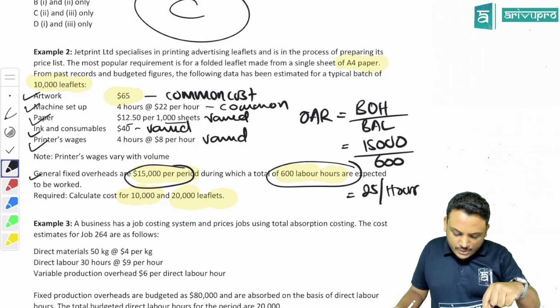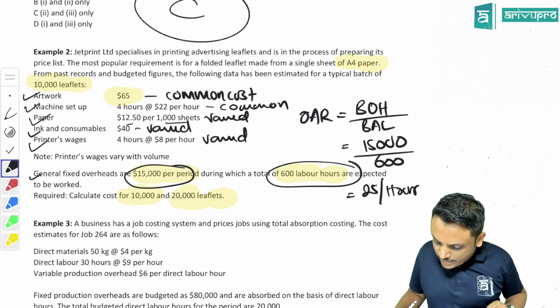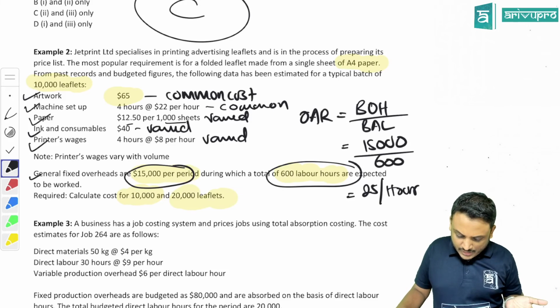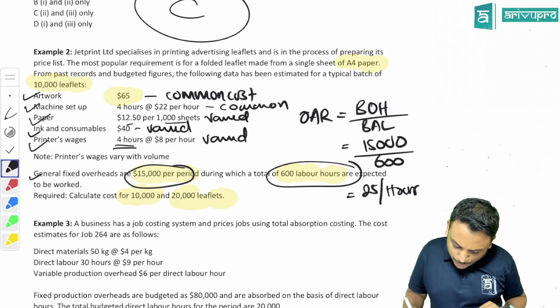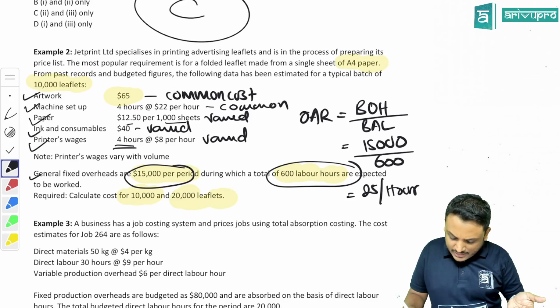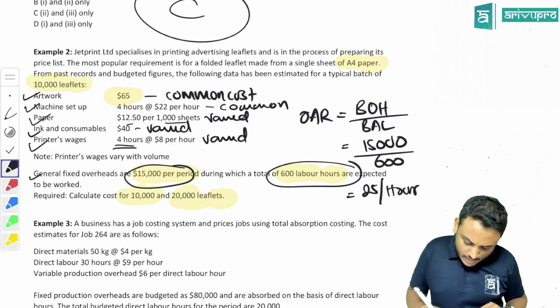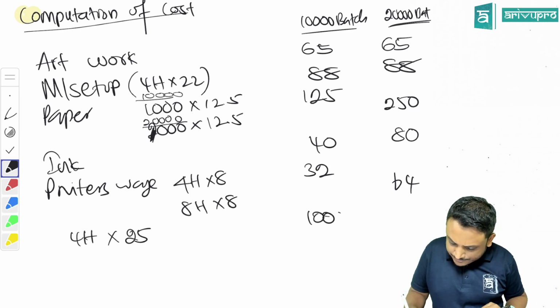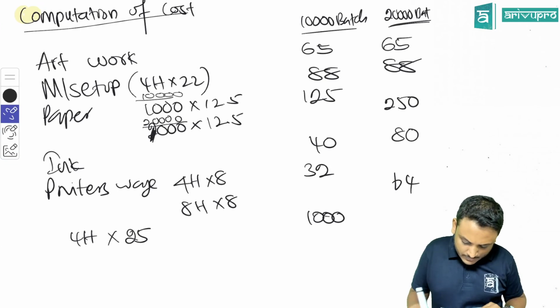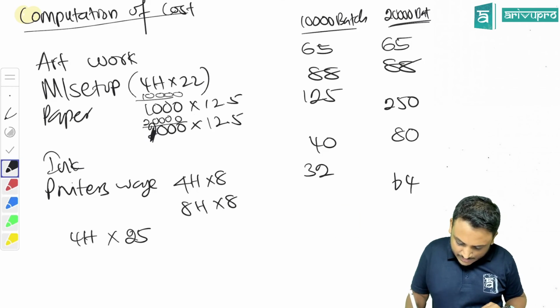How many hours we used? 4 hours. Right, you can take machine hours or else you can take labor hours, printer's wages. Labor hours, right? So 4 hours here, it's given. So to produce 10,000 units, 4 hours we need. 4 hours multiplied by 25, it is 100.